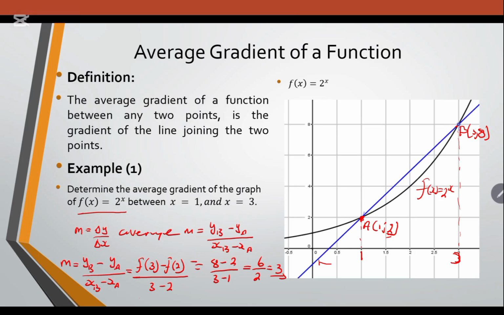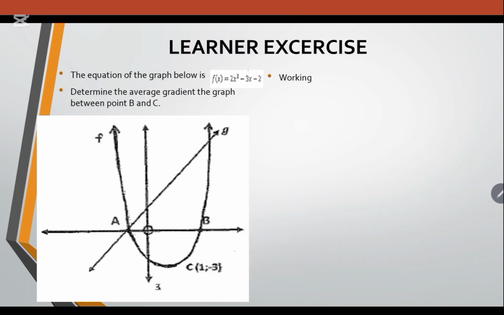So this is how we calculate the average gradient of a function. Now let us look at this learner exercise. Project this to the learners and let them do it themselves.